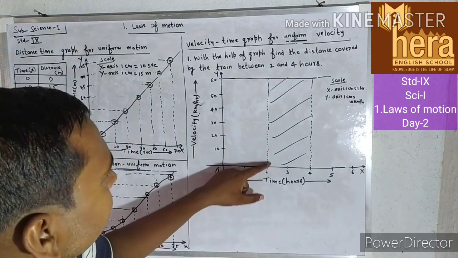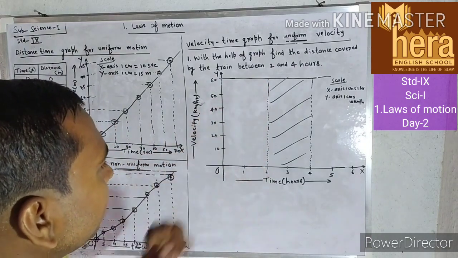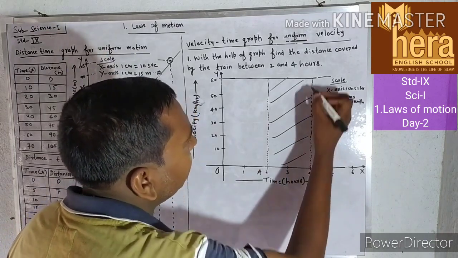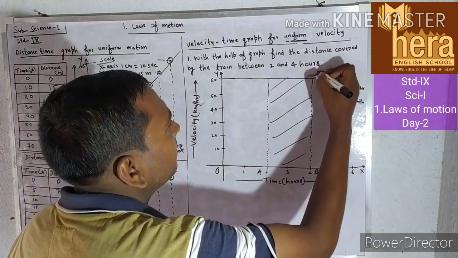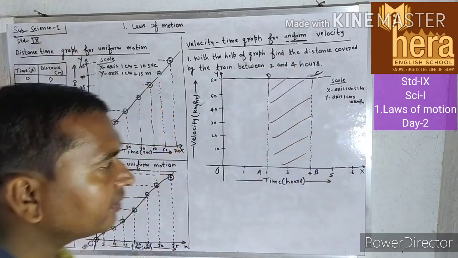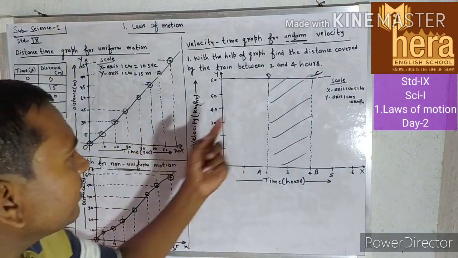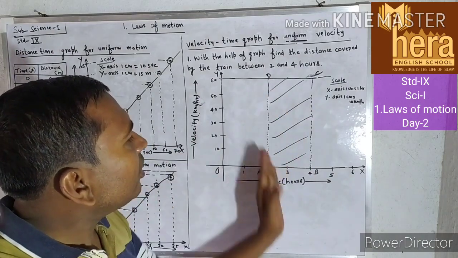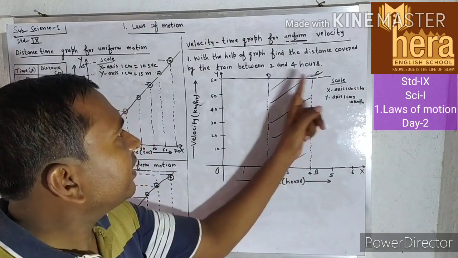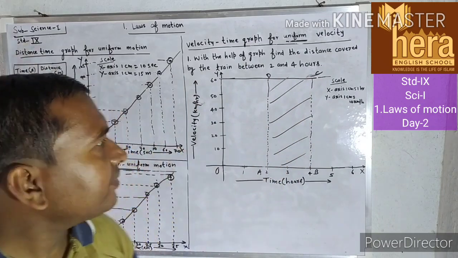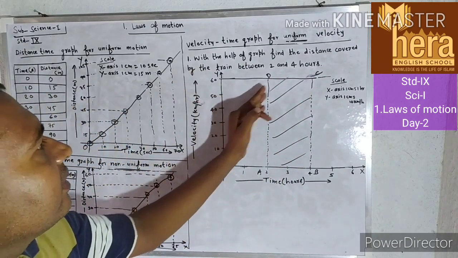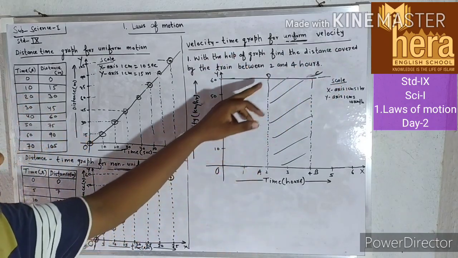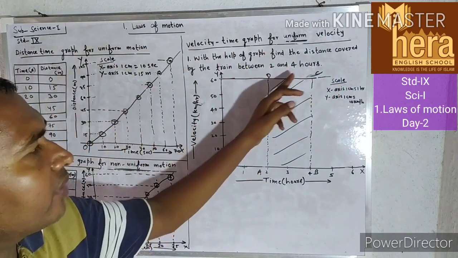And this length, you can write your name A, B, C, D. So this is a rectangle, right? If you find the area of rectangle ABCD, it gives distance covered by a train between 2 and 4 hours.